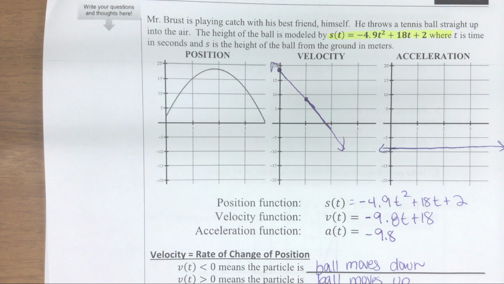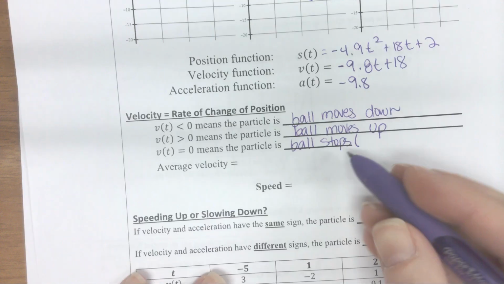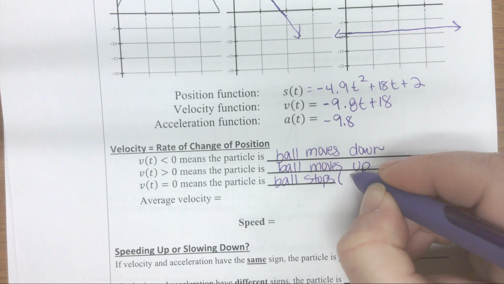What happens now? Now it's going down. And so obviously it's got to hit 0. It's just for an instant. You probably won't ever be able to see it because it goes up, it stops a second and comes down. Not even a second. So the ball stops and this is when it switches directions.